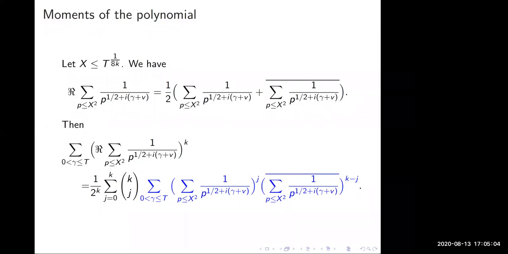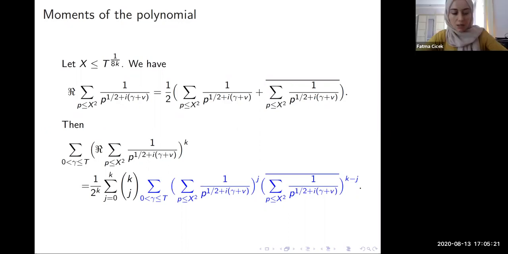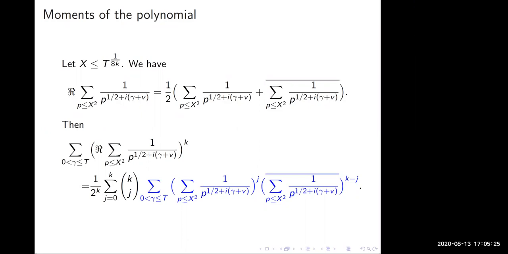I have another question. You pick the points from the critical strip to the right of the critical line. If you took points from the left side of the critical line, would a similar type of distribution happen? You can remember the functional equation.